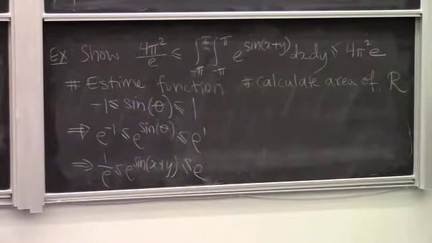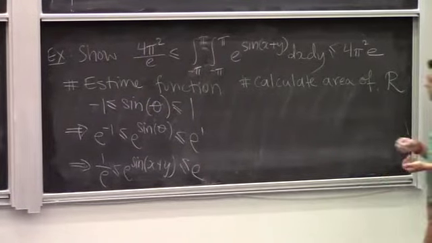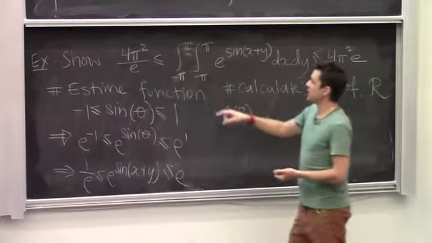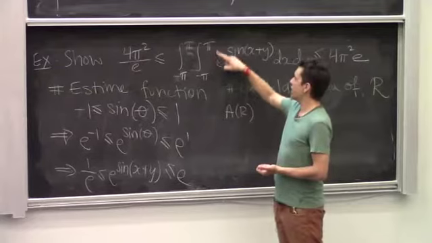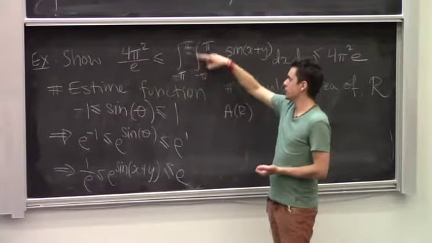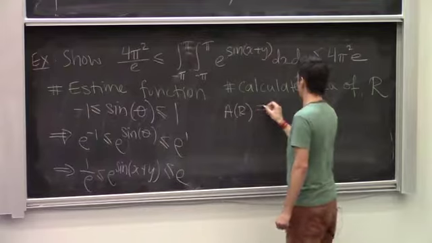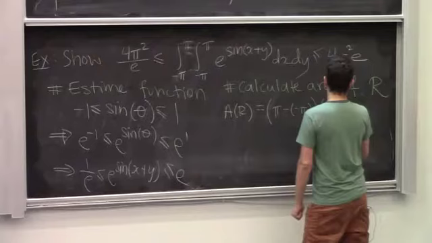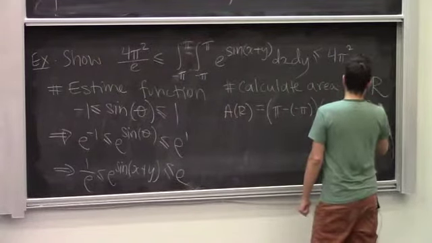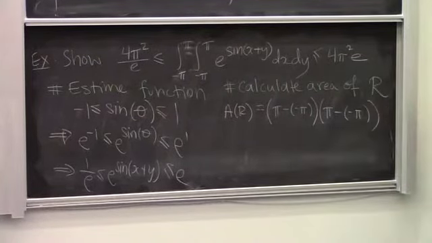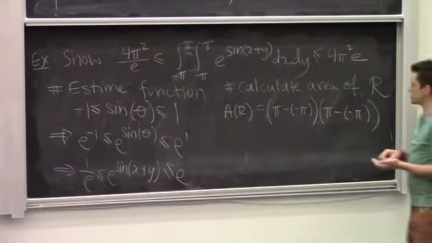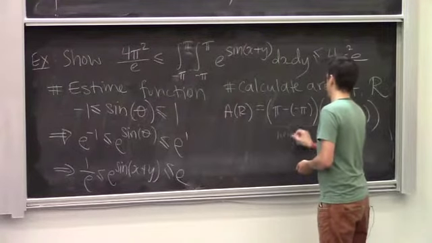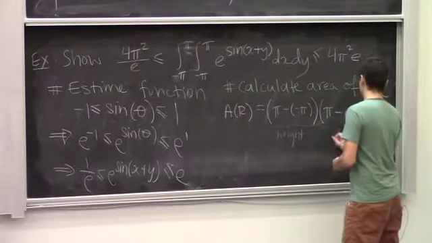And now we calculate the area of the region in question. Okay, here it's a square. The bounds on each integrand are the same. Okay, so to calculate the dimensions of that square, we use height times width.